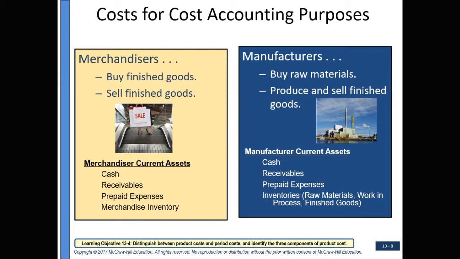Now, costs for cost accounting purposes are a little bit different depending on whether you're a merchandiser or a manufacturer. Because merchandisers really just buy and sell finished goods, whereas manufacturers buy raw materials to produce a finished good that they manufacture and sell.